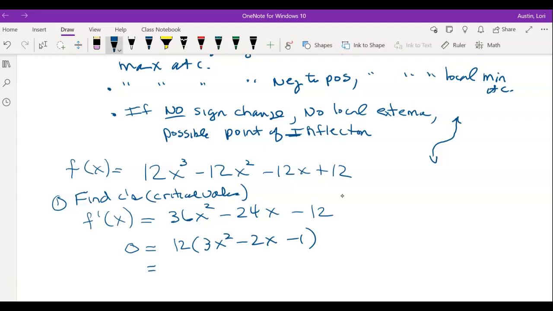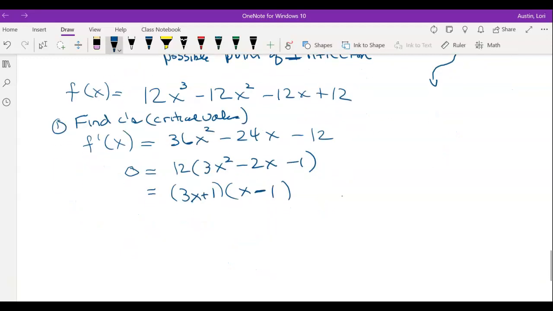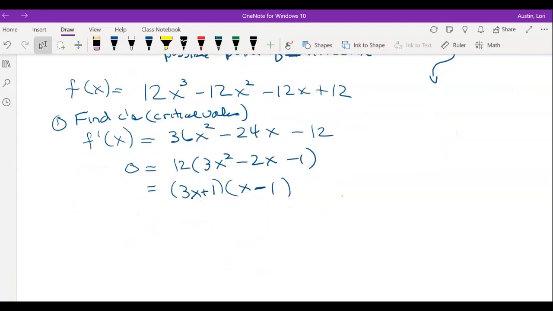Yeah, this factors. So 3x, 1 and 1, and I think that's negative and that's positive. Check that it works: negative 3x plus 1x is negative 2x, correct? Yep.